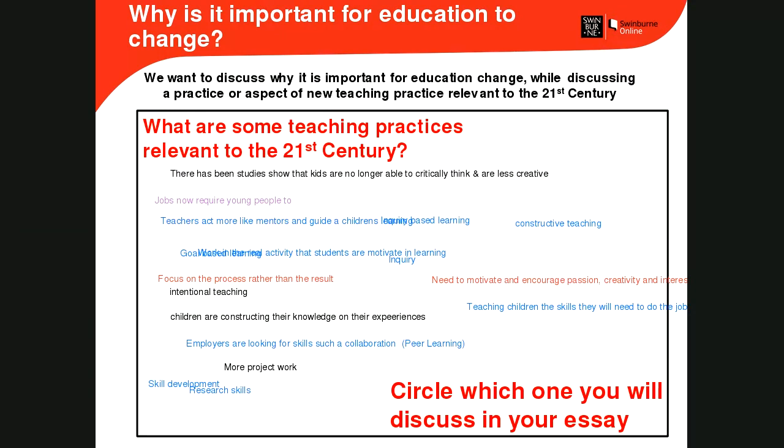Okay, and we've got there another reason for why it's important for education to change: the need to motivate and encourage passion, creativity, and interest. Excellent, and focusing on the process rather than the result. Well done. That's absolutely true. And in that, you would have the skills around the feedback and that critical thinking and creative thinking as well as in thinking, how can I do this differently next time?